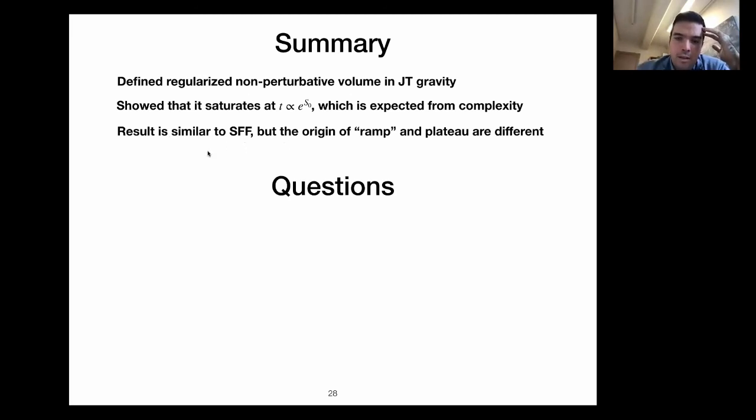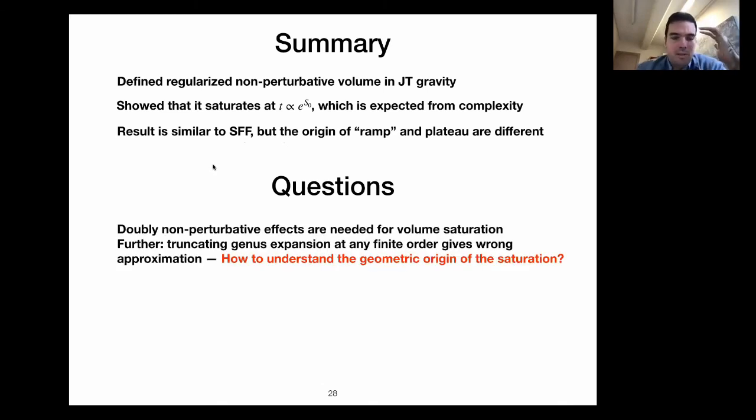Okay, so there are lots of questions that we haven't answered and that are somewhat puzzling. First of all, in order to get this cancellation and this volume plateau, I needed doubly non-perturbative effects. So I needed to complete JT gravity with the matrix model of Saad, Schenker, and Stanford.